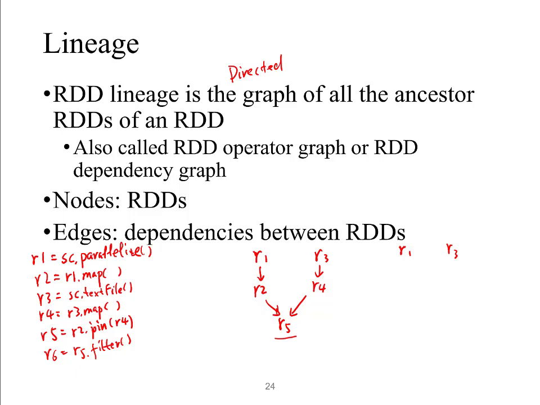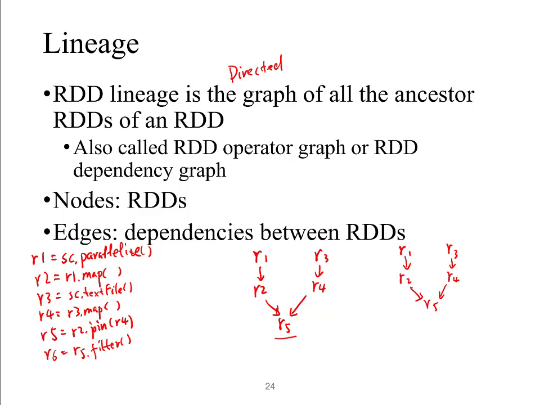But when we have R2 here, because it is created from R1, there will be an edge here. And when we create R4 and R5, so on and so forth.